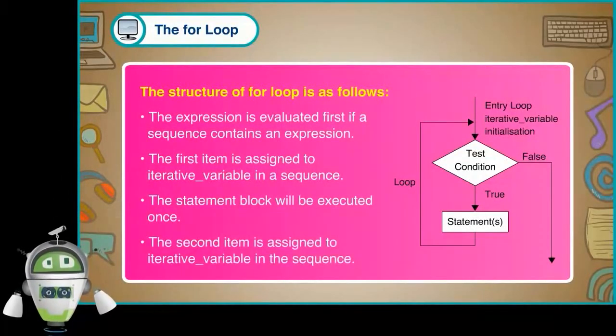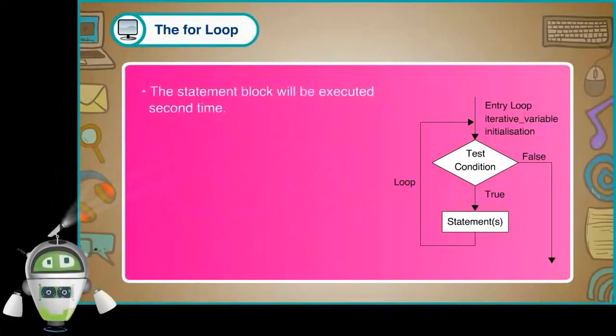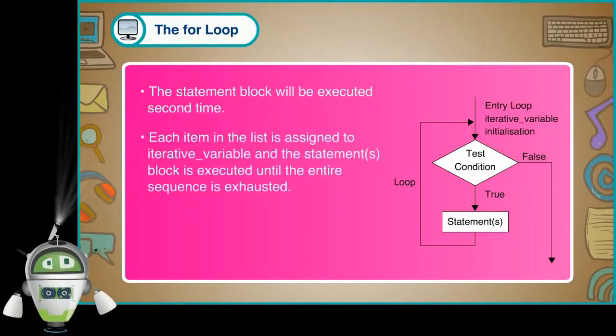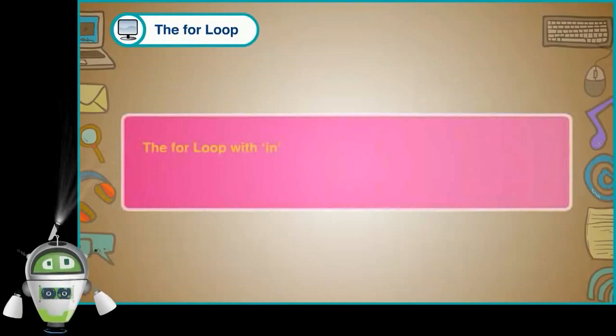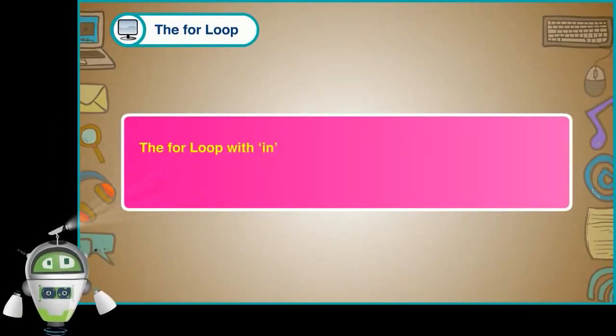The second item is assigned to the iterative variable in the sequence. The statement block will be executed a second time. Each item in the list is assigned to the iterative variable and the statement block is executed until the entire sequence is exhausted.